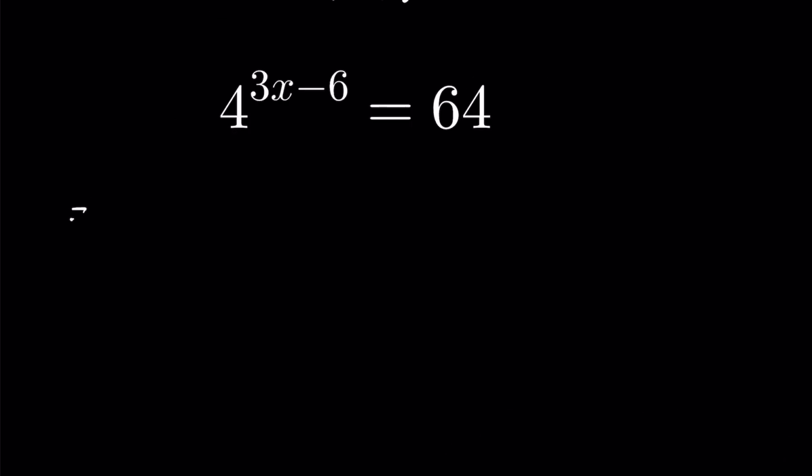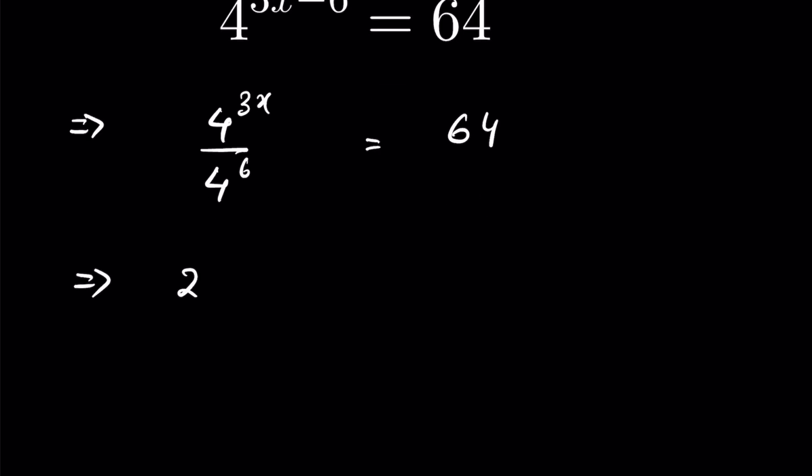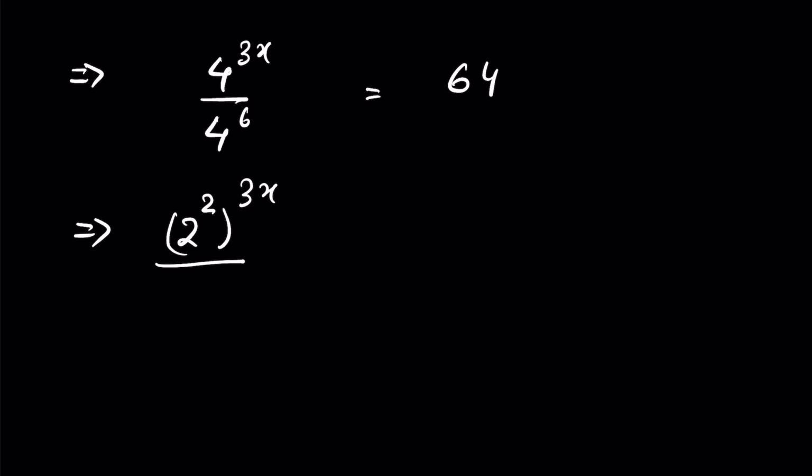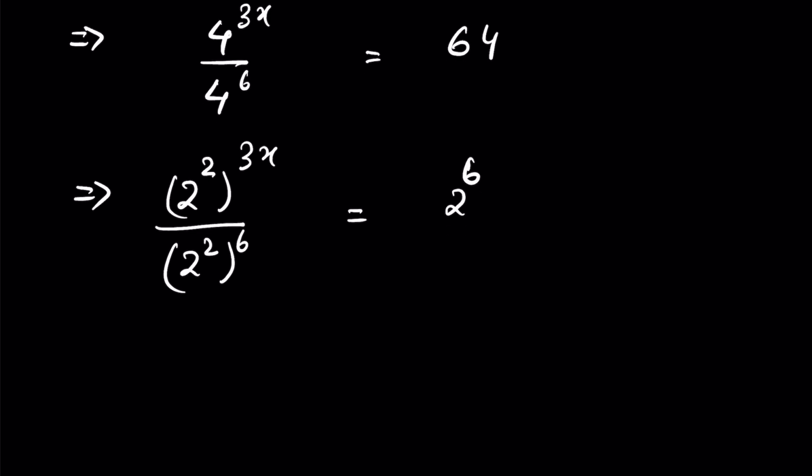Again here 4 raised to the power 3x minus 6, we can write 4 raised to the power 3x upon 4 raised to the power 6 is equal to 64. 4 we can write as 2 raised to the power 2, then whole raised to the power 3x upon 2 raised to the power 2 whole raised to the power 6, and this side 2 raised to the power 6.